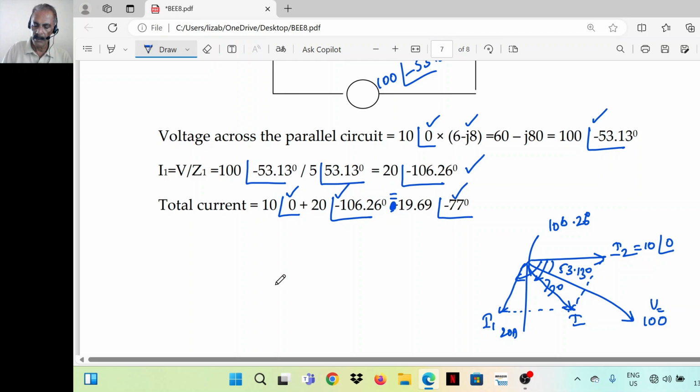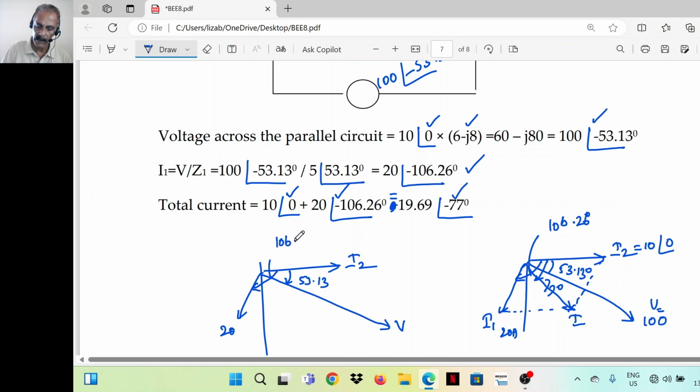Once more I'll draw it. I2 we are taking as the reference. This is I2. Then V is lagging the reference by an angle of 53.13. I1 will come in this quadrant, that is 20 angle minus 106 degrees.